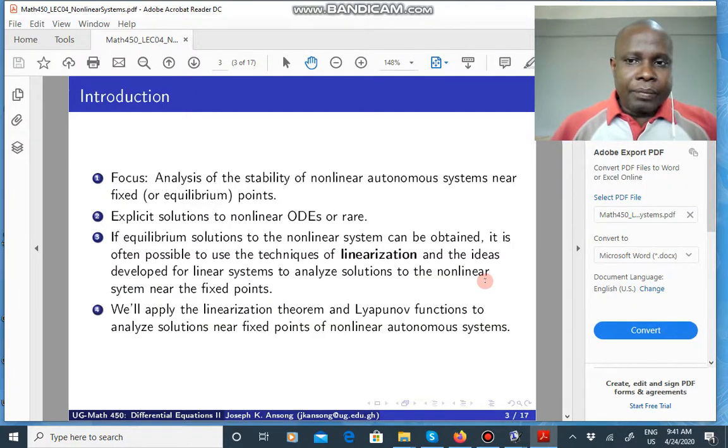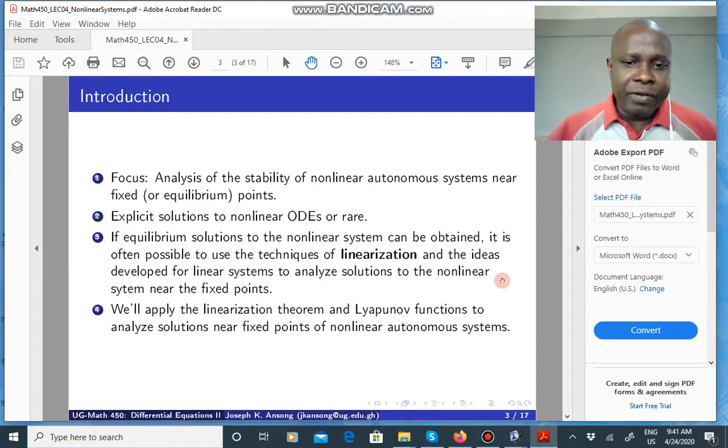So unlike the linear systems that we've looked at, like planar linear systems and so on, where you can actually compute an explicit solution, here it's very rare to have explicit solutions. All right? And so the mathematical machinery is not as well developed. There are few things available to us to be able to tackle such problems.